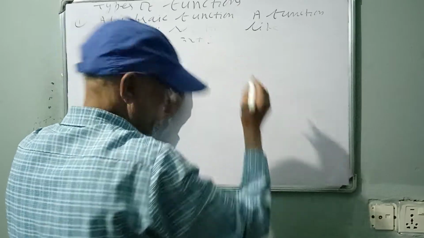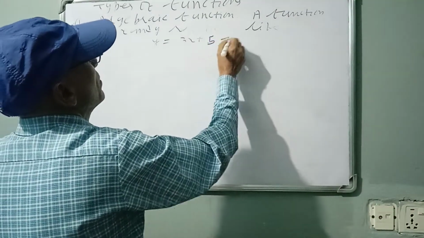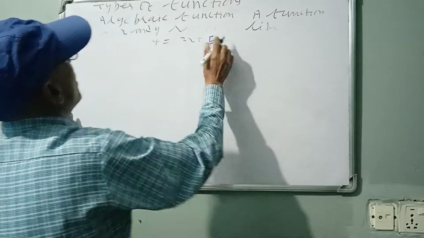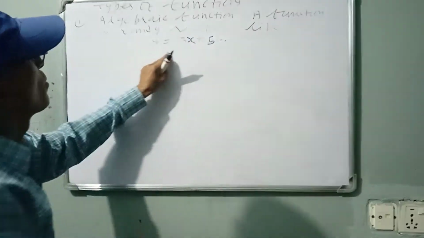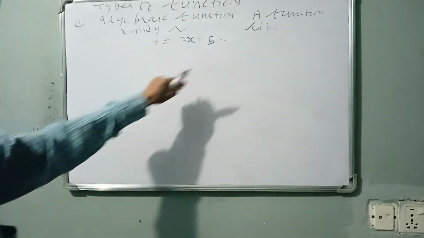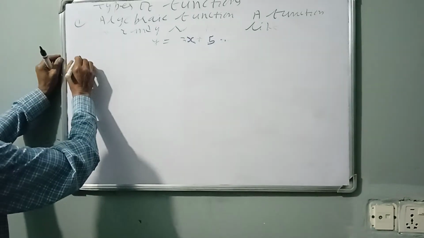This one shows the relationship between x and y. Y equal 3x plus 5 is called an algebraic function.